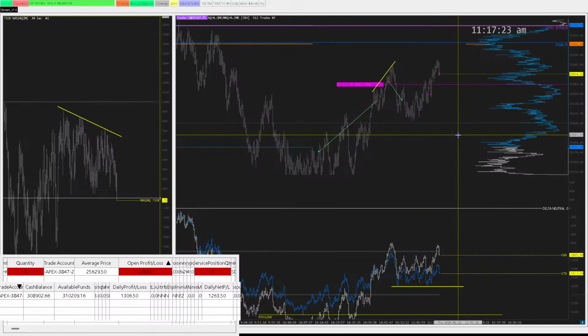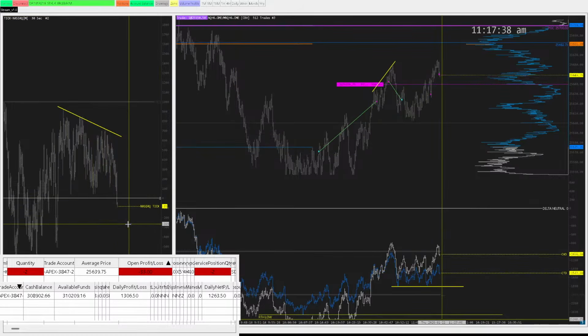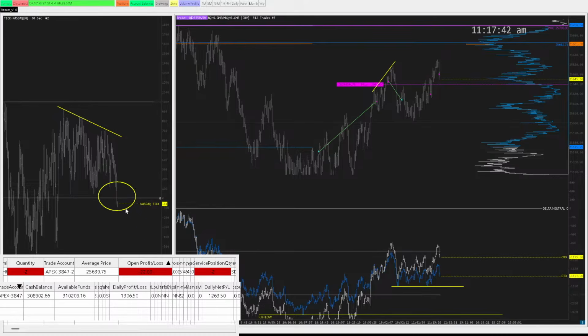Okay, so I'm going to add one. I added one based on this push lower here on the tick. Of course, now it's not really breaking the zero line yet.